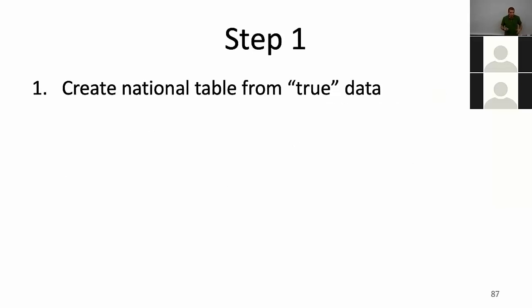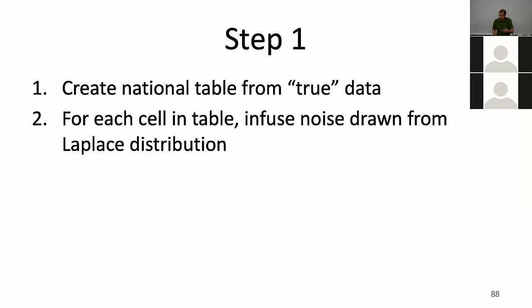So in step one, they'll take the census edited file and they'll create a national table from that true data. So whatever tables they've defined, in this case they have VHR, they have the household group quarters, and they have the detail table. They'll create those three tables from the true data for each cell in that table. So we've got one geographic level and we've got 192 plus 8 plus 24 cells. They'll draw random values from the Laplace distribution for each of those cells, and they'll add that value to the count for that cell.